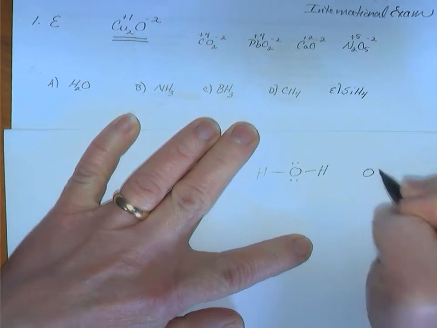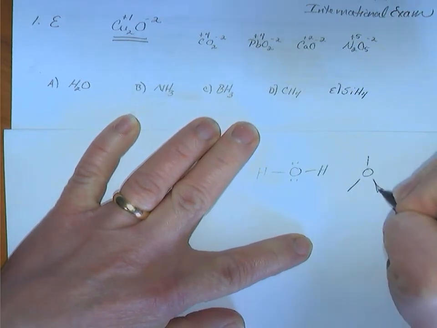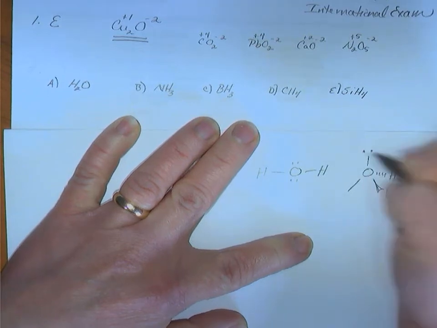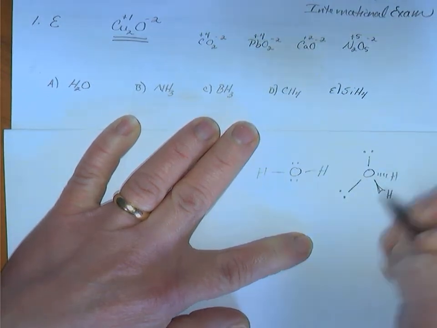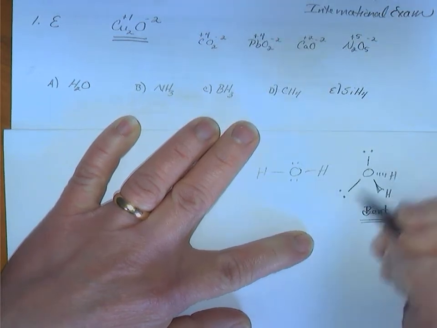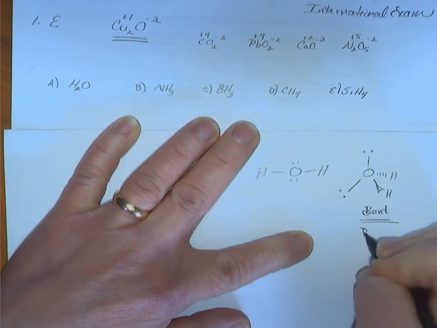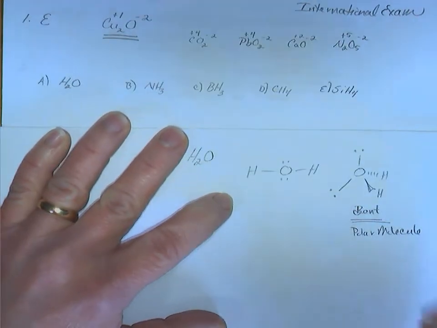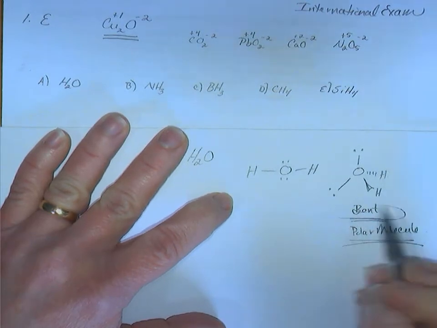That will show a tetrahedral geometry, including all of the electrons, but we would call the molecular geometry bent. And because of the 2 lone pairs, this would be a polar molecule. So water is a go-to example of a polar molecule showing a bent geometry.